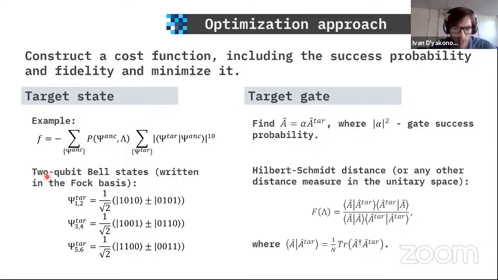So for example, this can be done for 2-qubit Bell states, which is what we started with. And you can also transform this problem into finding a target gate.